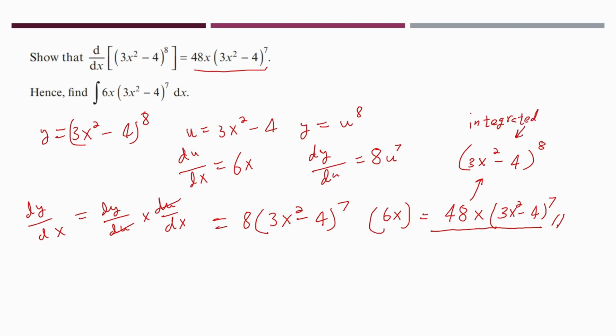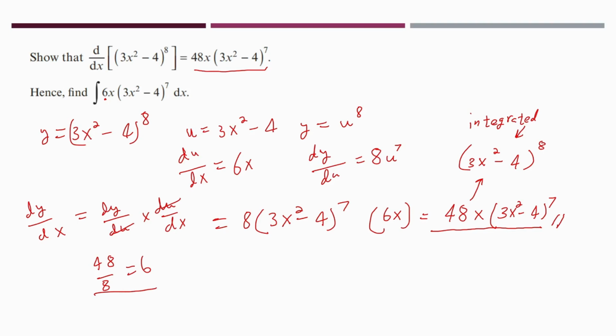Integrated form. Alright, so for simplicity, what you can do is you can find a way to change this 6 to 48, so you can get to your answer more easily. So if you see, 48 divided by 8 gives us 6. Alright, so we are going to use this fact over here. You can use this for other types of question too, but let's see.